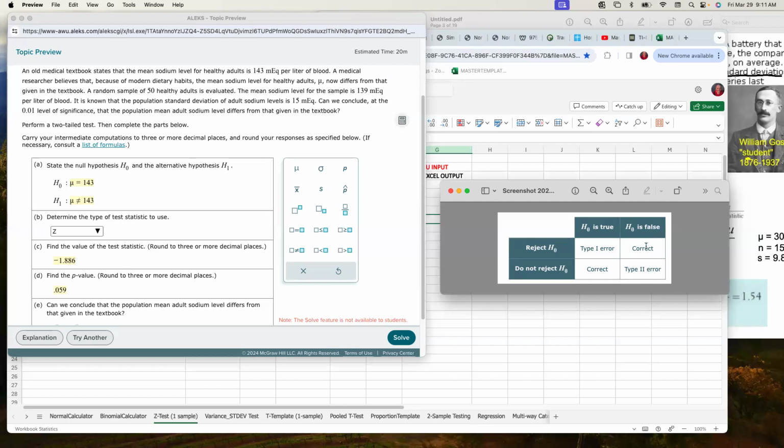And the complement of that would be, again, rejecting it when you should, and we want this probability high. And these two probabilities are complementary to one another. And so increasing that sample size would increase that probability of rejecting when we should. Okay, which again, that's called power. Okay, but like I said, I don't think that you're going to encounter that in this course.